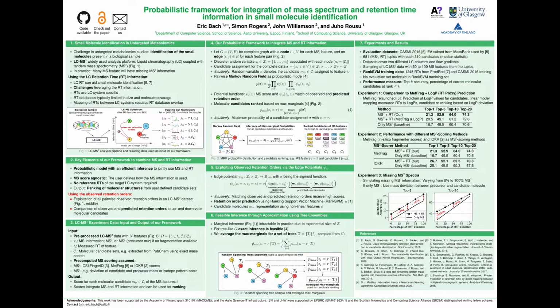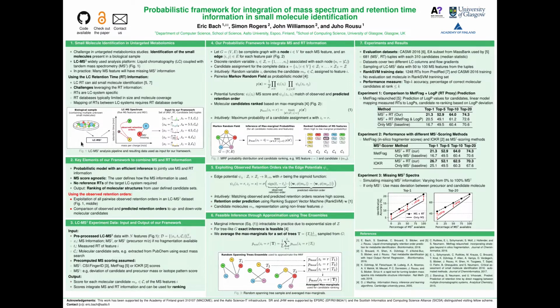Typically, reference databases are limited in size and molecule coverage, so maybe in your laboratory you have only measured reference retention times for a couple hundred molecules, and the mapping between different LC systems of retention times requires you to have at least some kind of overlap.